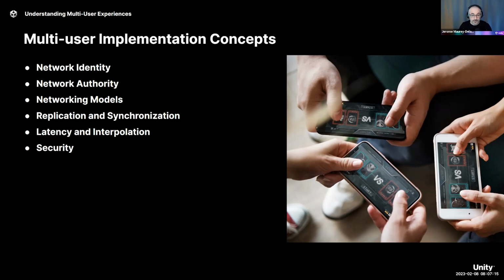You need to have network authority, which means who's in charge of ensuring that the simulation is in sync with all the other actors. There are various models when it comes to connectivity, finding each other, and who's in charge, whether it's a client or a dedicated server. There are obviously several ways of synchronizing or harmonizing the simulation across the network.